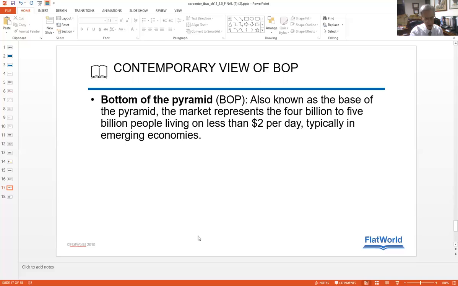So a guy named C.K. Prahalad did a great deal of work in this area and became a great man as a result because he showed that it's possible for companies to be profitable serving the bottom of the pyramid if they develop the right methods.